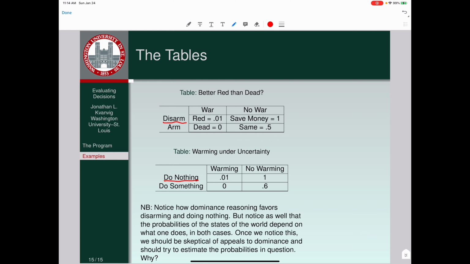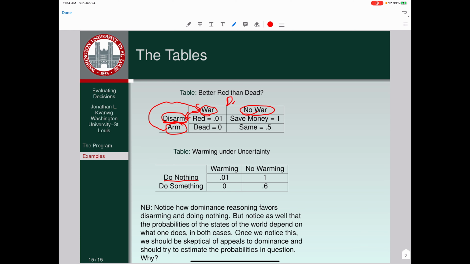But here's the kicker. Notice that the probabilities of war and no war are not independent, or at least are not known to be independent of the issue of whether we arm or disarm. Because the people who say we should spend money on nuclear weapons say, if we don't, that enhances the chances that somebody's going to use them against us, right?